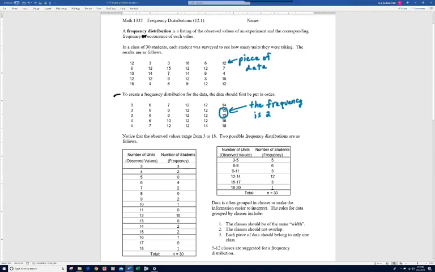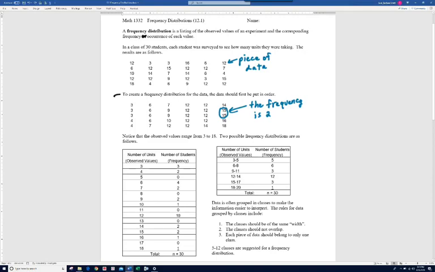Now what we're trying to do is create a visual, or basically a chart, to organize our data. These are what we call frequency distributions. There are 2 possible frequency distributions for this data. If you look at the one on the left, it says number of units or credit hours. These are our observed values.